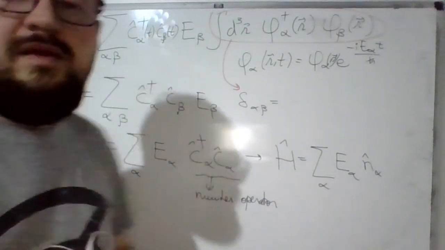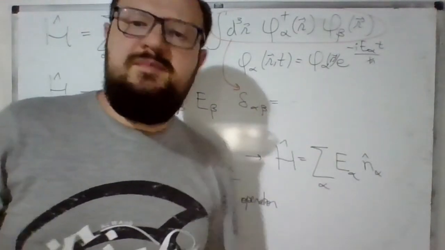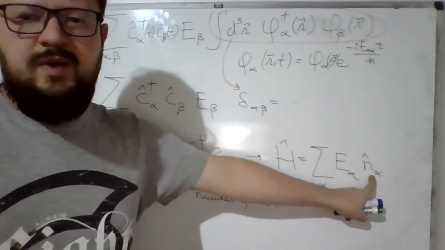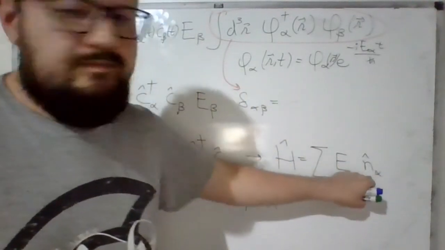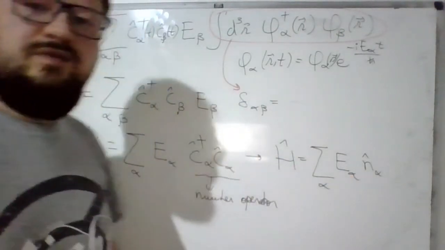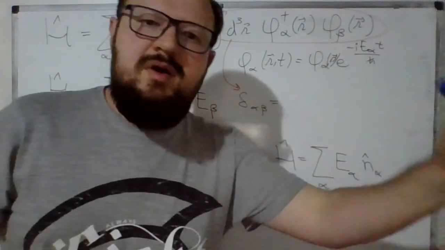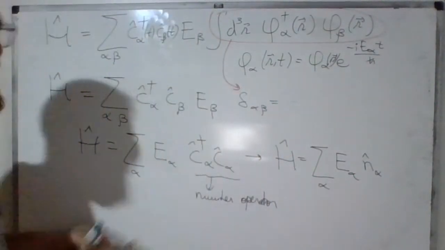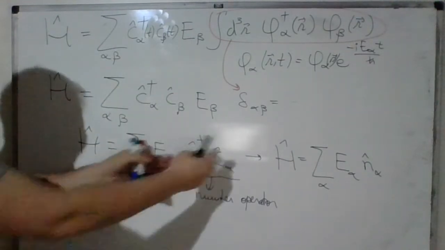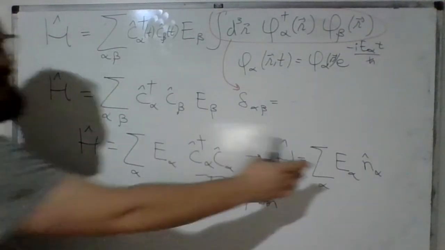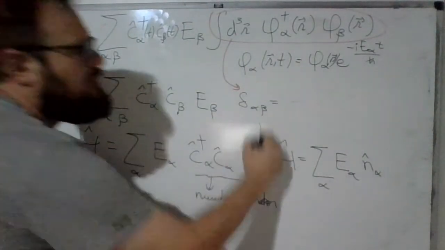For a single particle, you can put your Hamiltonian in a diagonal form, being the number operator. So the Hamiltonian is diagonalized in the number representation. And these operators are creation and annihilation operators. The product of the two is just a number operator. You have your second quantized Hamiltonian.